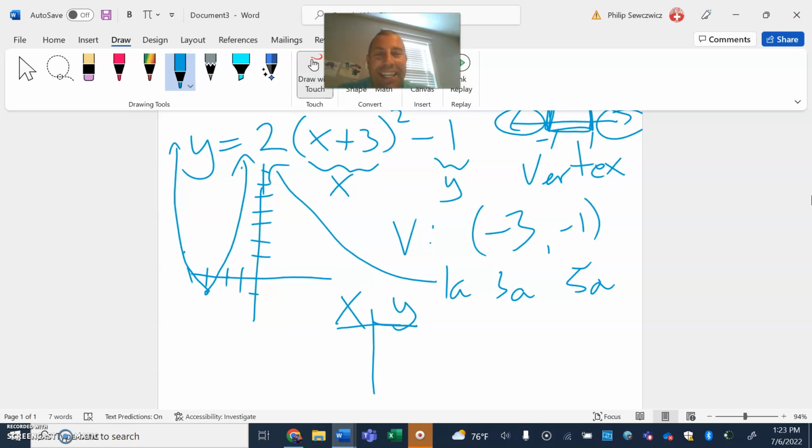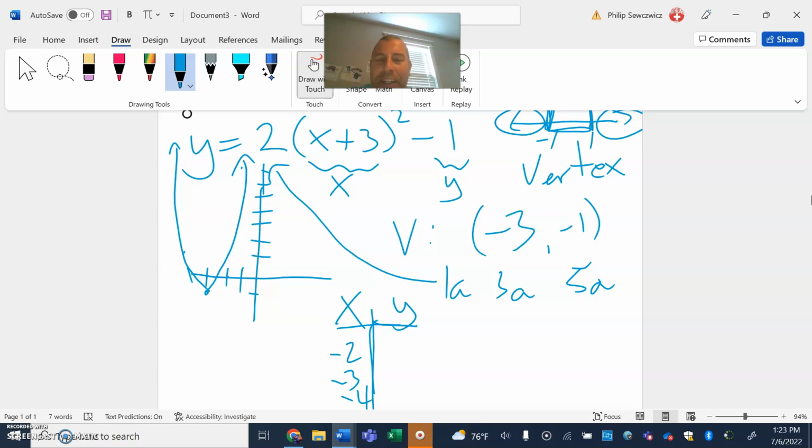The problem with that is if we use 0, 1, and 2, that's going to be way over here, giving me numbers that are way up my chart. So we still like using the vertex form to give us a starting number. For example, I can see it's negative 3. So I'll use a negative 4. I'll use a negative 2.